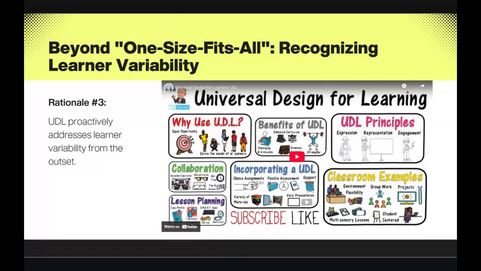All right. So what these videos tell us is that by considering learner variability up front, UDL shows that learning experiences need to be accessible, engaging and effective for everybody.